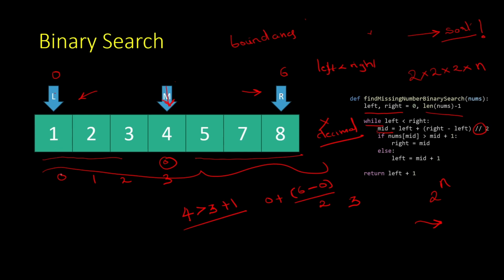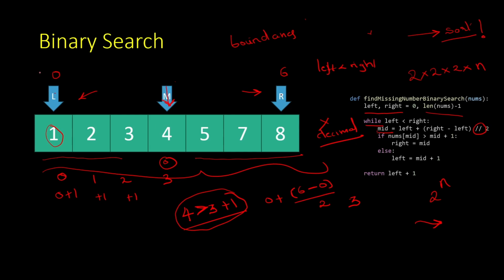At every index, the number that is actually present is nothing but the index plus 1. 0 plus 1 is 1, 1 plus 1 is 2, which is present. 2 plus 1 is 3, that is present. So the correct element should always be 1 more than the index. So this condition checks if there is a wrong element here. For example, here 3 plus 1 is 4, and 4 is not greater than 4 itself. So that means the element present here is the correct element.